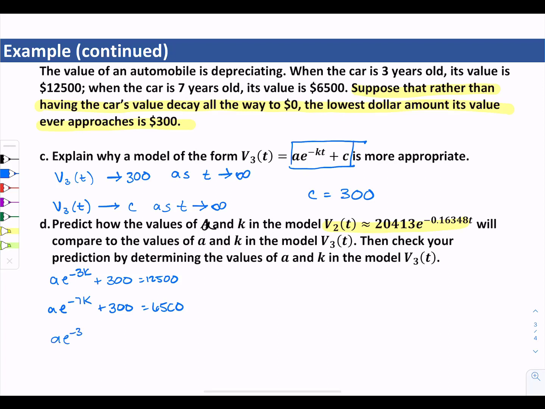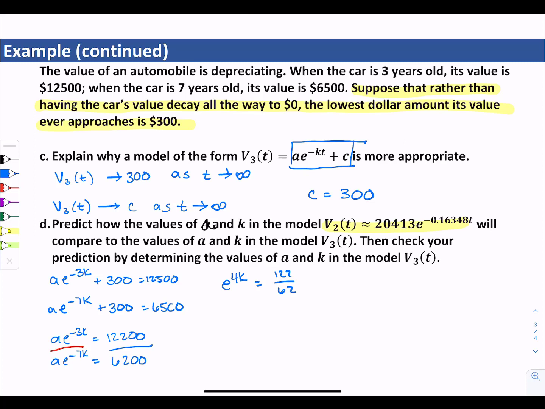So ae to the negative 3k equals 12,200. ae to the negative 7k equals 6,200. We know that we can take the ratio of these equations. So we're going to have e to the 4k equal to 122 over 62, if I simplify it just a little bit.